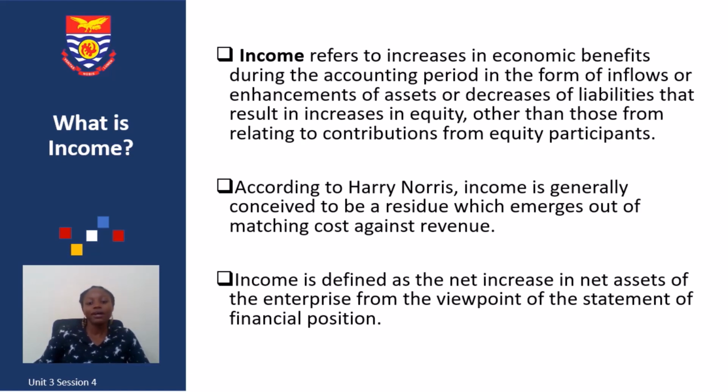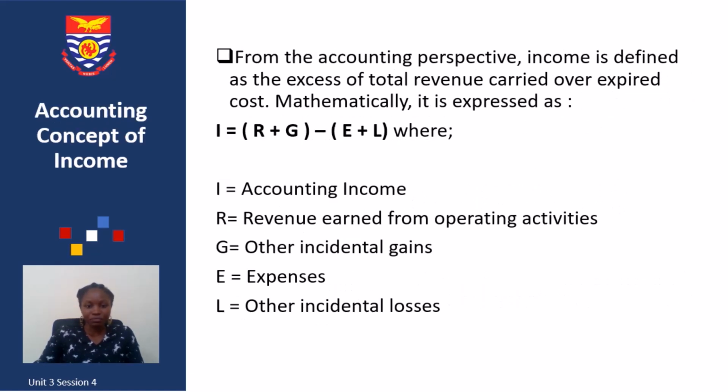Now, according to Harry Norris, income is generally conceived to be the residue that emerges out of matching cost against revenue. Income is defined as the net increase in net assets of the enterprise when you are seeing it from the point of view of the statement of financial position. But when it comes to the income statement, when your revenue exceeds your cost or your expenses, that is when you say you have income.